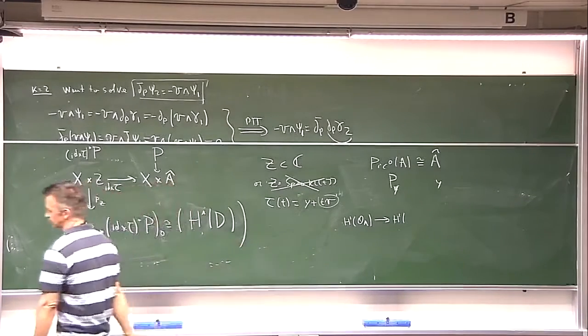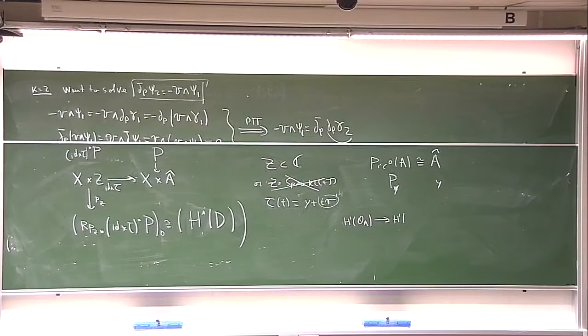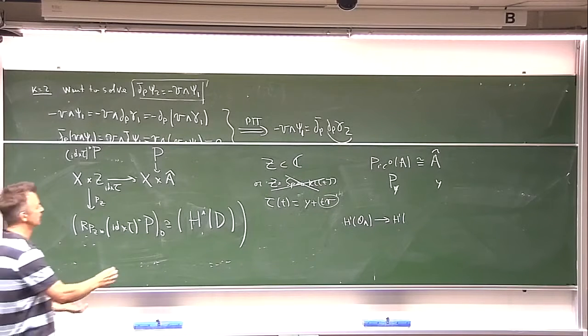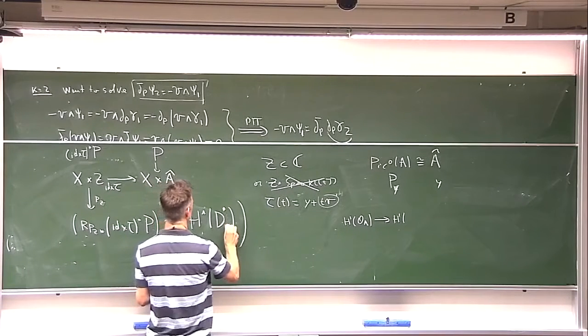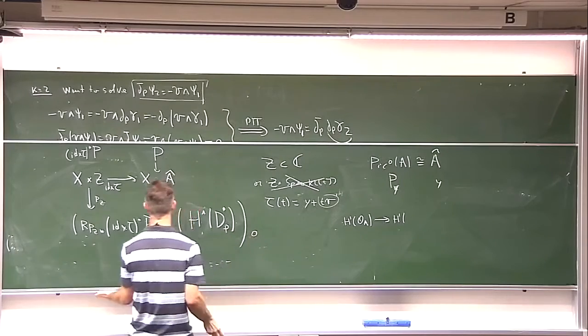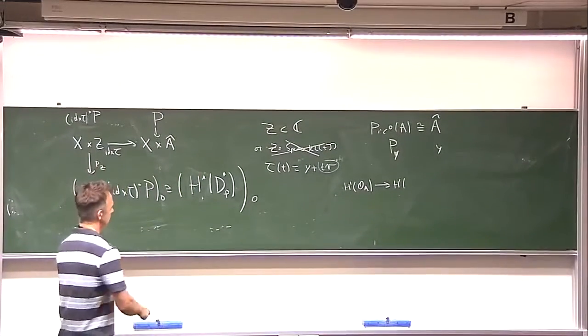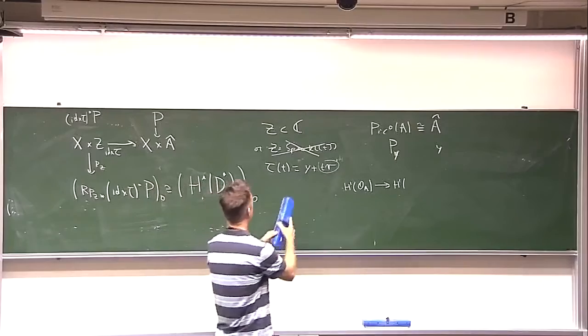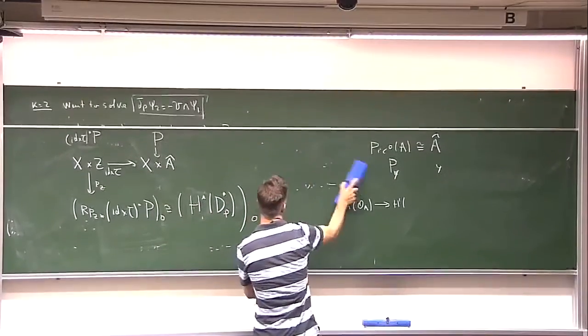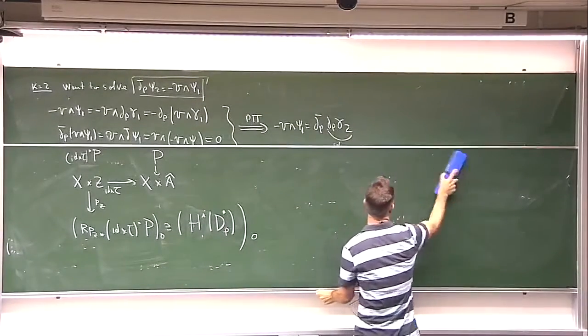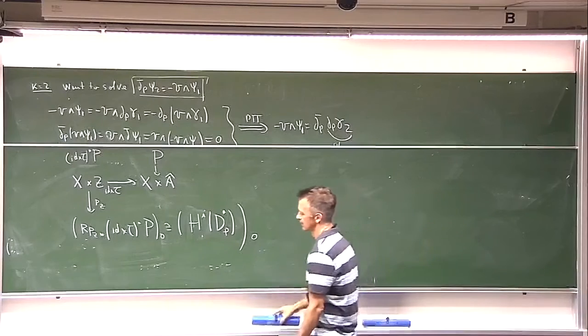Let me get the notation straight. How do they call this? D dot P at 0. D dot P at 0. And so I need to tell you what this complex is, and maybe hopefully convince you that this identification is useful.